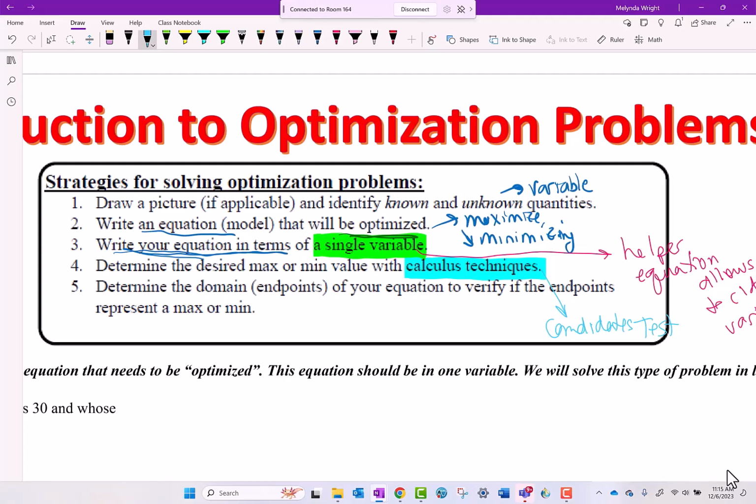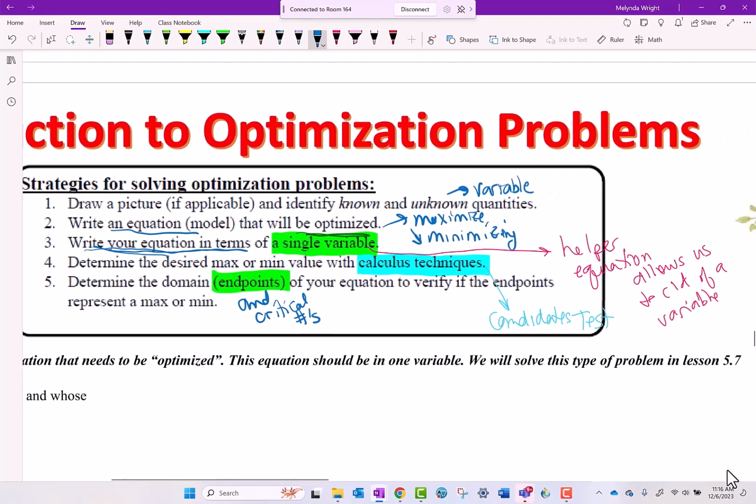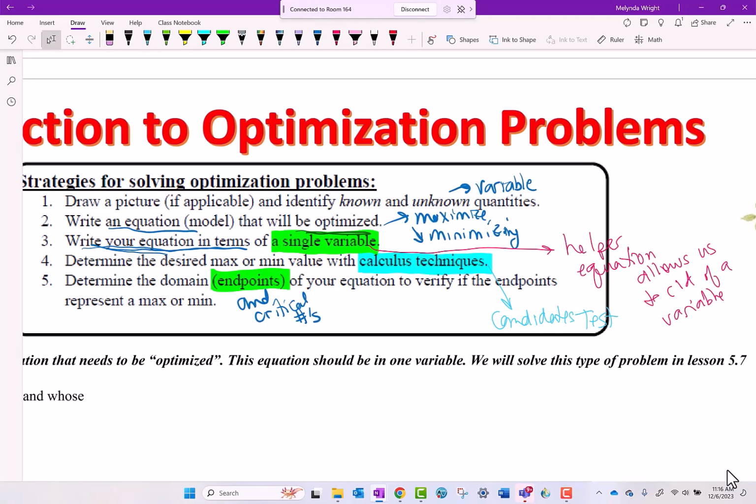These are the candidates: the domain, so the endpoints, and our critical numbers. The domain and critical numbers, those are the candidates. So that's the process that we will use every time that we work an optimization problem.